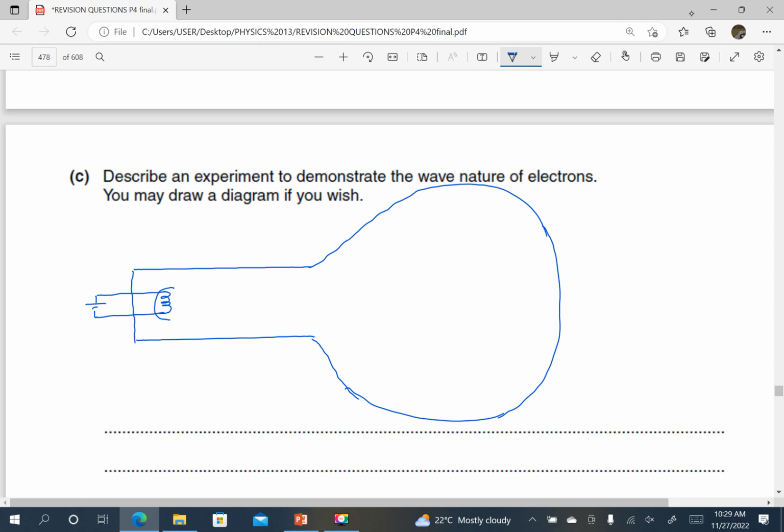I'll put a fluorescent screen inside, and I will put a thin layer of graphite here. This is an electron beam tube, or a discharge tube.